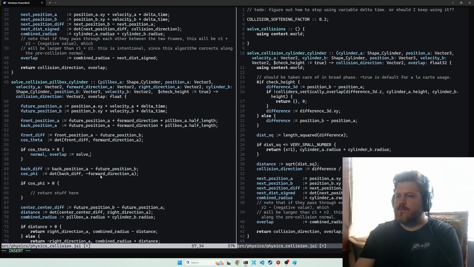Alright. So we're going to make a fake cylinder. Yeah. Fake cylinder, which is going to have radius equals pillbox a.radius. And then just need to pass all the same stuff.